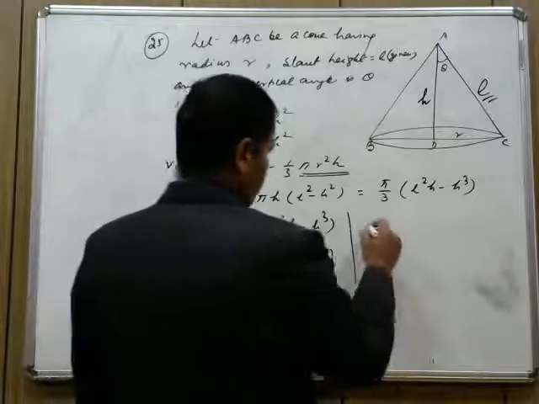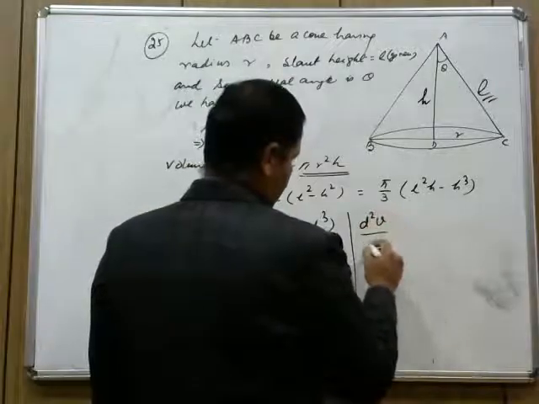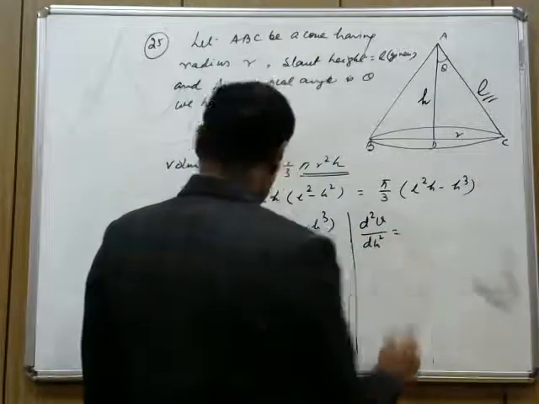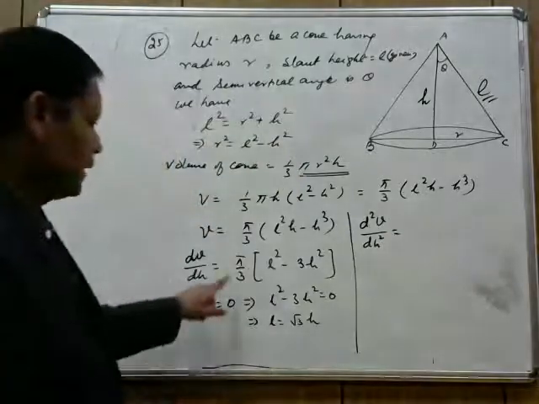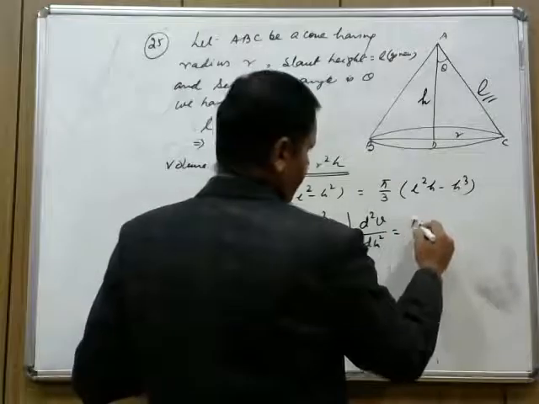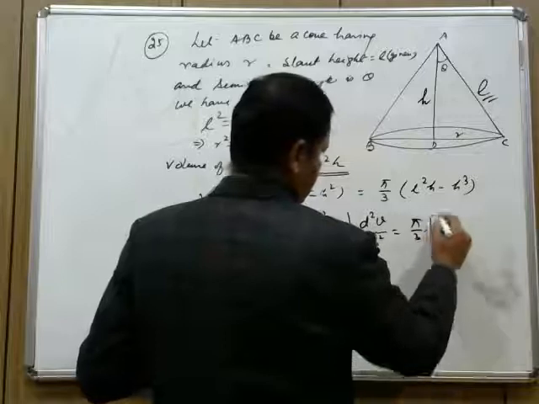And now tell me, d square V by dH square is equal to d by dH of pi by 3 times L square minus 3H square.